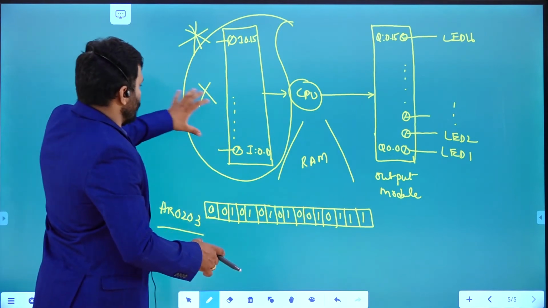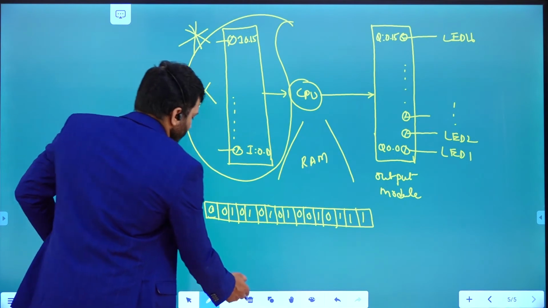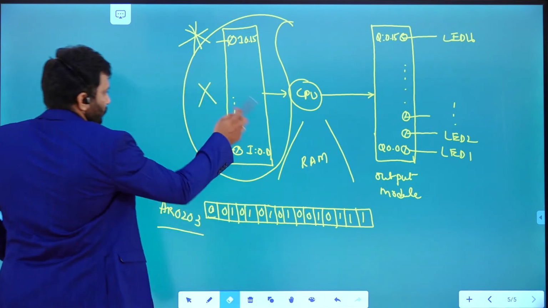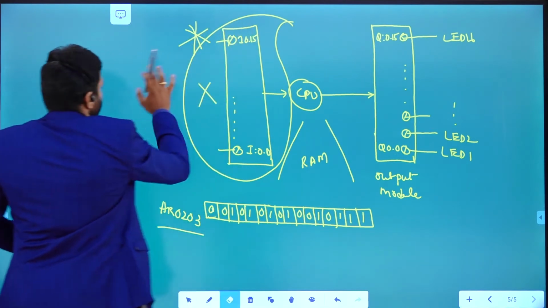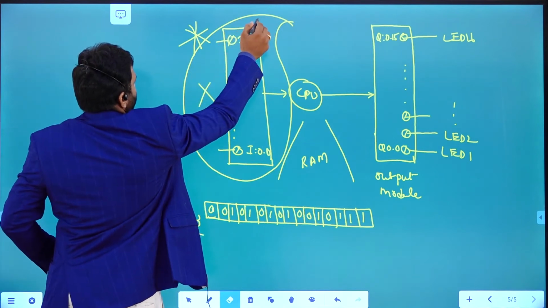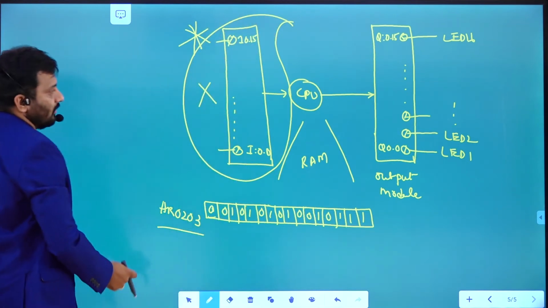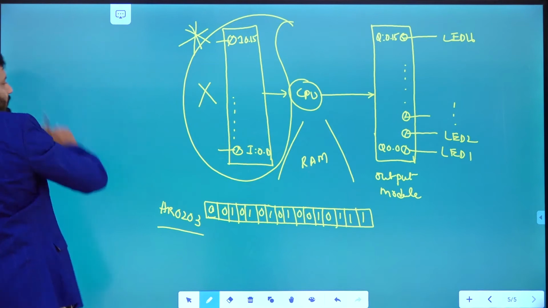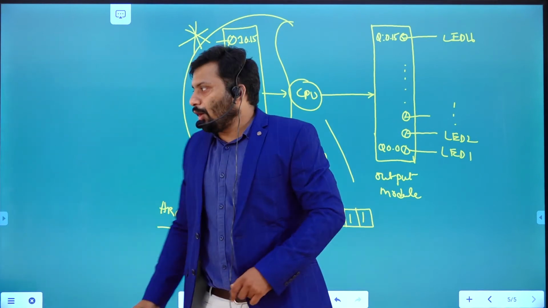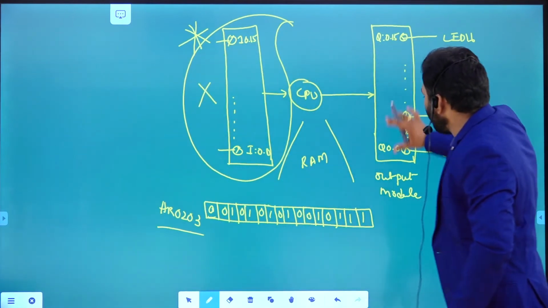So I'm taking out this particular one. For simplicity, there is no space, that is the reason I'm taking this out, or otherwise you can write here. Say here I am writing this program. How can you control these output devices?